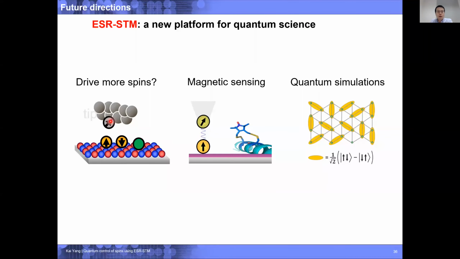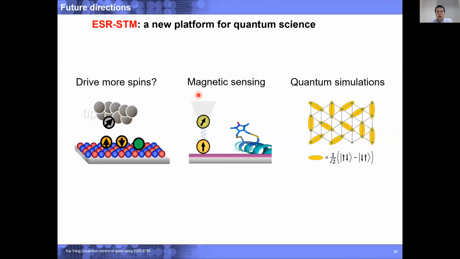Here the electric field is more extended than the STM tip field. Then we can put an additional magnetic atom nearby, and use the field gradient produced by these magnetic atoms to drive the atomic qubit that is not directly under the tip apex.